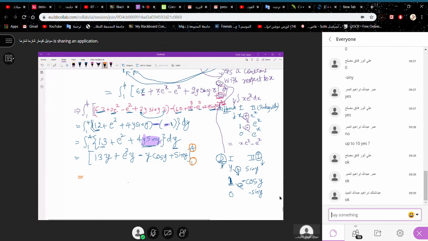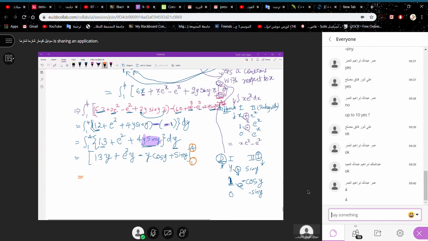So this is 13 into 4 plus e square into 4 minus 4 cosine 4 plus sine 4, and minus lower limit 13 into 1 plus e square into 1 minus 1 cosine 1 plus sine 1. Okay.